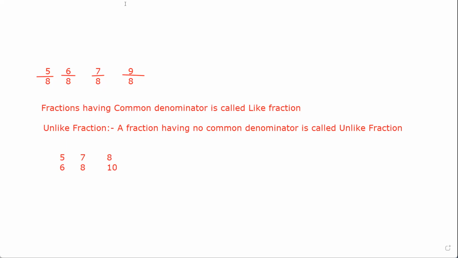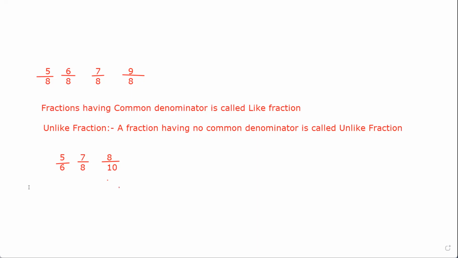My dear student, you can see that these fractions have no common denominator. You can see the 6, 8, 10. All three are different denominators. So this type of fraction is called unlike fractions, and the fractions having a common denominator, as you can see just above, 8, 8, 8, 8, are called like fractions. So now let's move on.